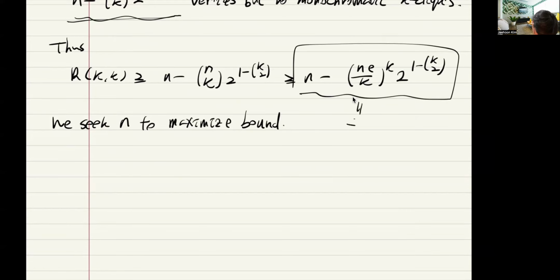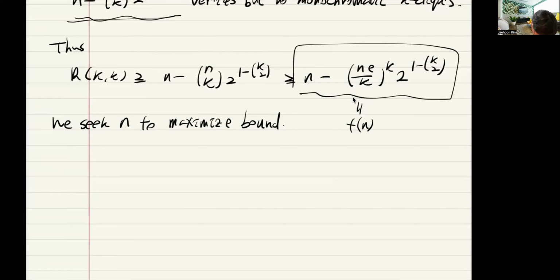We take this as f of n, and then we take a derivative. Derivative being 0 gives you the extremal value, I mean, local extrema, and that gives you a way to maximize this.